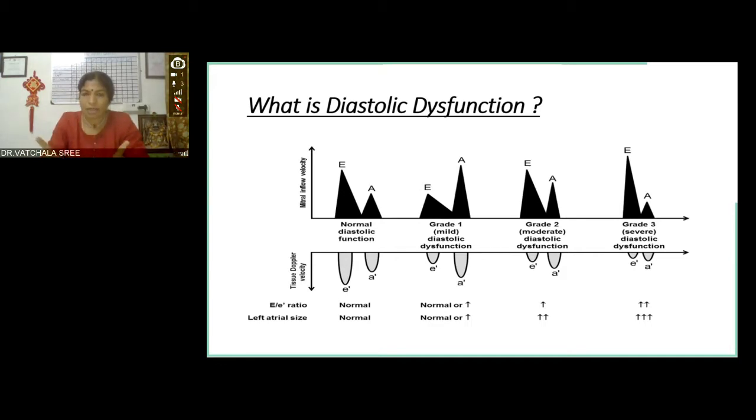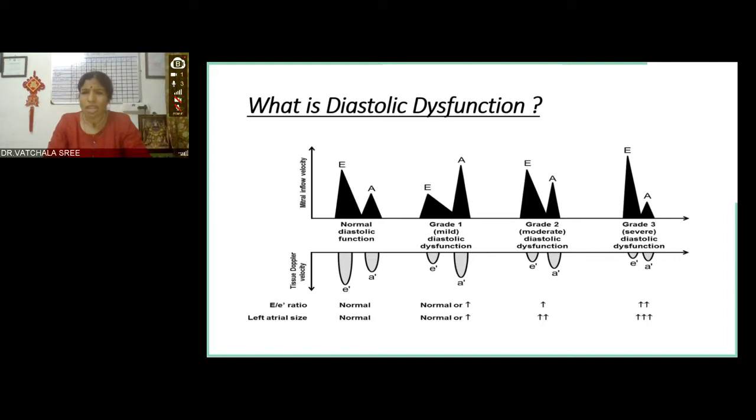As soon as the mitral valve opens, the blood gushes into the LV, and that is a passive process. It is made possible because of the suctioning pressure created inside the LV because of the isovolumetric relaxation time.